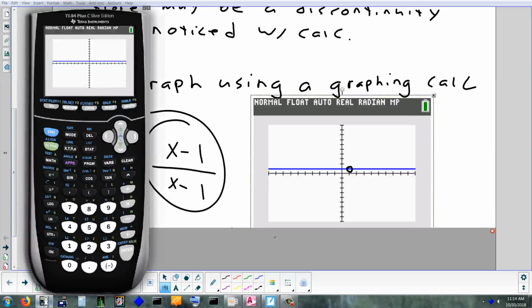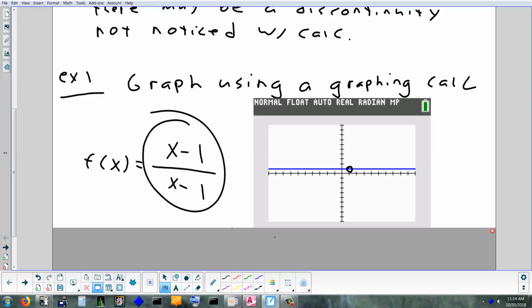By looking at it, you'd never know there's a hole. The only way you would know is if you went to the table and tried different values, and all of a sudden you try 1 and you say, oh, man, that 1 is an error because you're dividing by 0. So you never really know looking at the graph. You only know looking at the original formula.